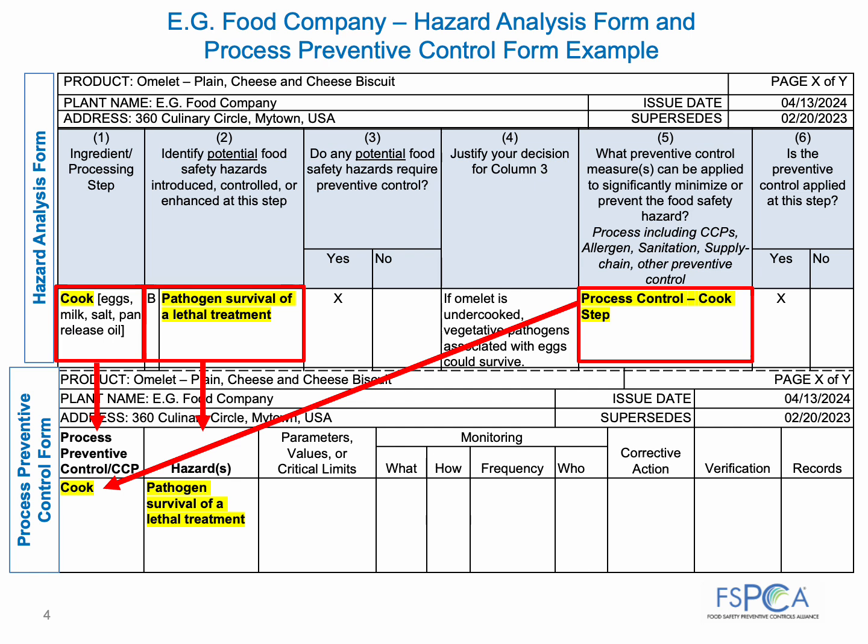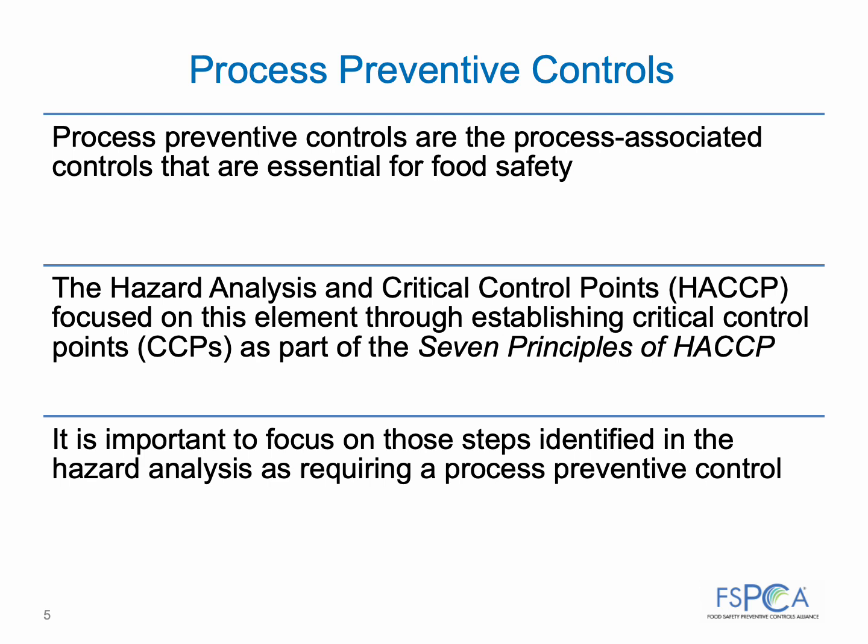This chapter discusses critical limits on the process preventive control form. Elements of monitoring, corrective action, verification, and record-keeping requirements are addressed in separate chapters. Process preventive controls link back to HACCP principles that typically result in the identification of critical control points, CCPs, under 21 CFR Part 117.